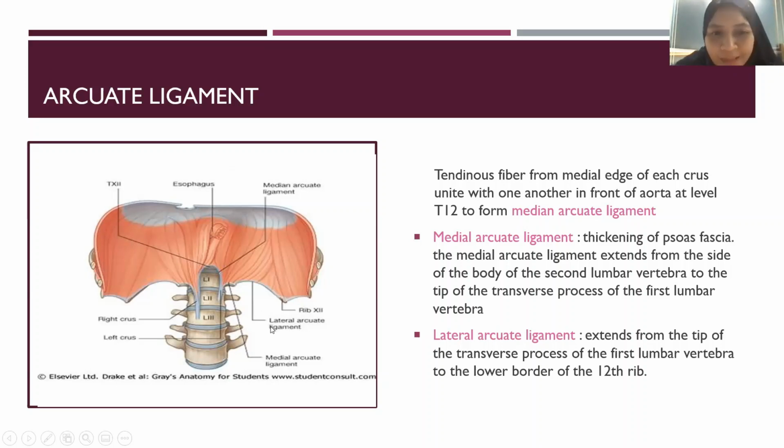While lateral to the median arcuate ligament is the medial arcuate ligament. You have to differentiate between the M and also the L. The medial arcuate ligament is formed by the thickening of the psoas fascia.